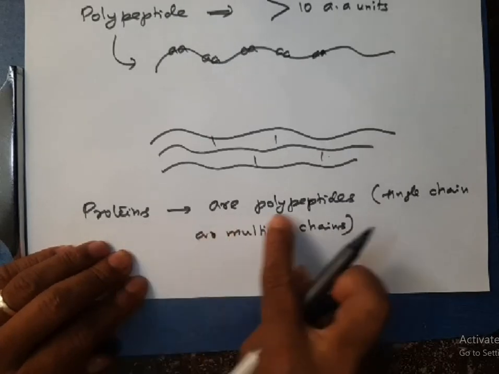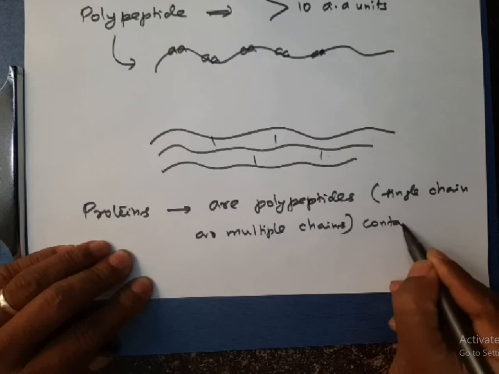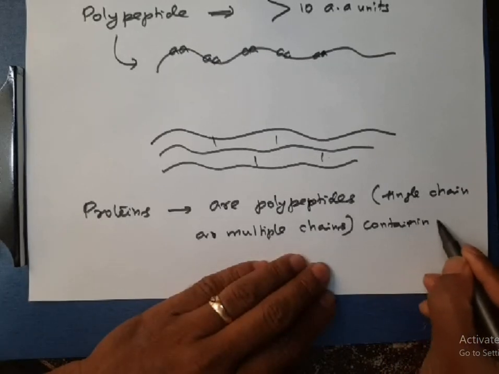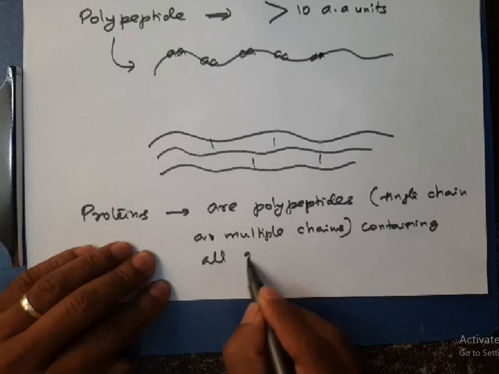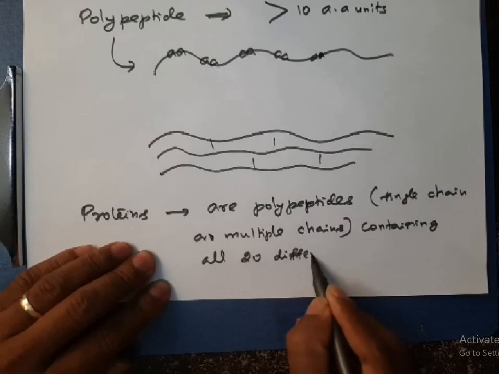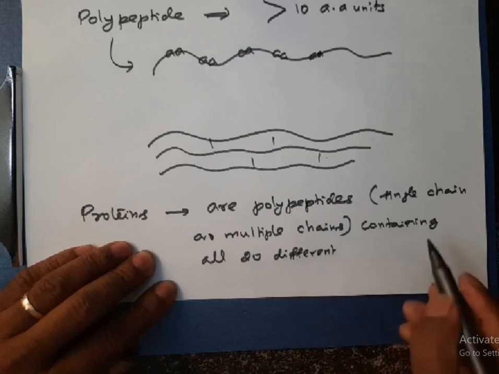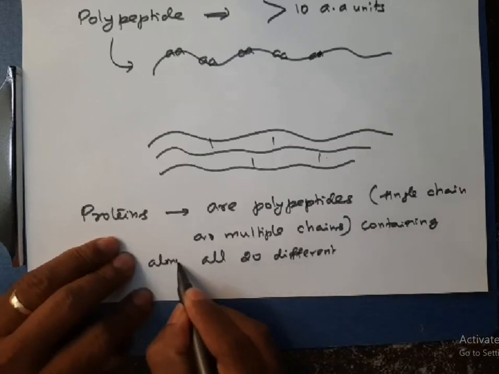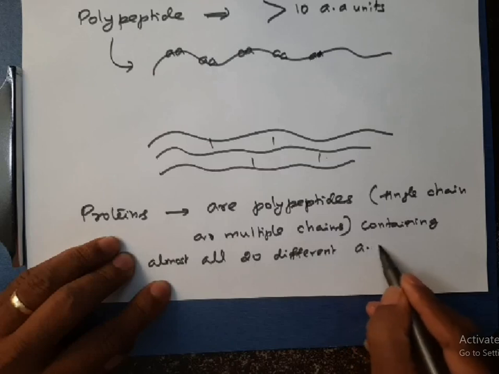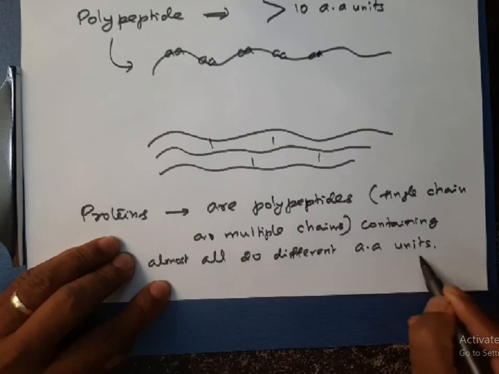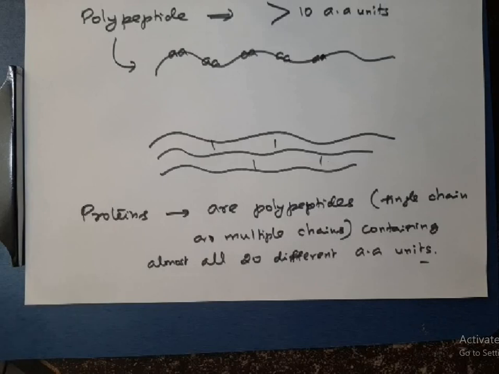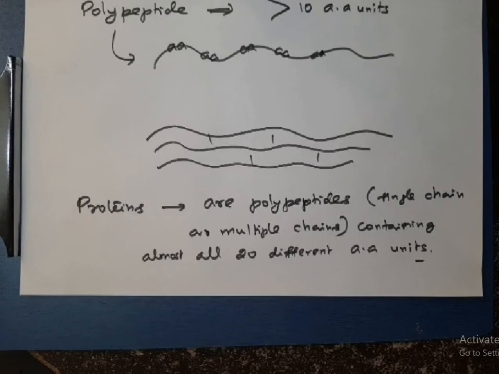Proteins are polypeptides containing almost all 20 different amino acid units. Is it clear, student? Any doubt? Okay, so a very essential point. Keep this in mind.